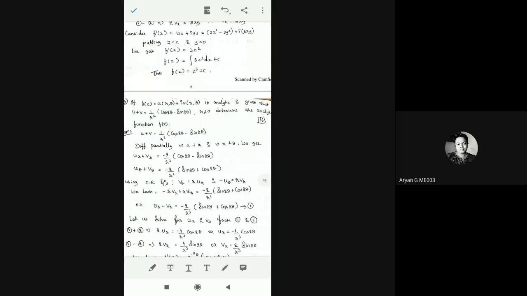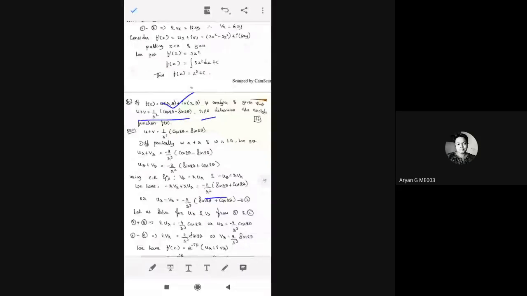Given that u plus v is equal to 1 by r square of cos 2 theta minus sin 2 theta, where r is not equal to 0, because when r is equal to 0, we get infinity. So only under the condition r not equal to 0, they have given this equation, and determine the analytic function f of z.